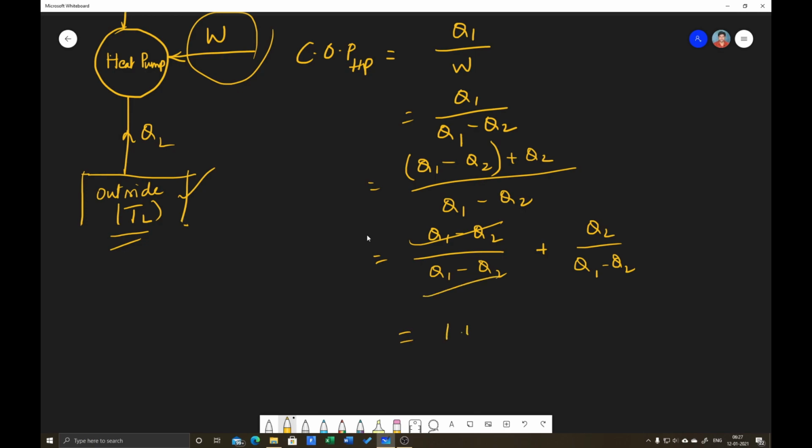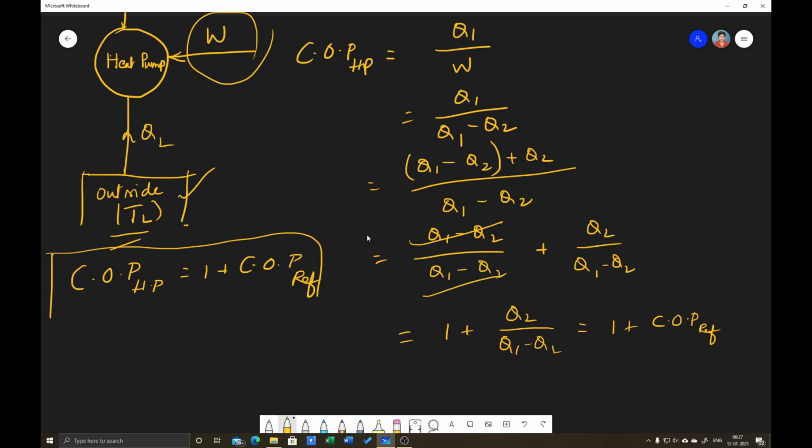So this will be 1 plus Q2 by Q1 minus Q2, which is equal to 1 plus the COP of a refrigerator. So if you operate a heat pump under the same conditions as a refrigerator, the COP of the heat pump will be equal to 1 plus the COP of the refrigerator. This is the relation between these two.